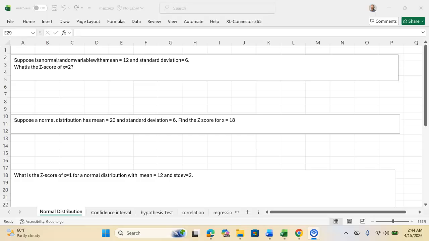Up to the midterm exam we had the binomial distribution, and after the midterm exam we started with the probability distribution of continuous variables, where we discussed the normal distribution. We also discussed confidence intervals, hypothesis tests, correlation, and regression. So our final exam will come from those topics.